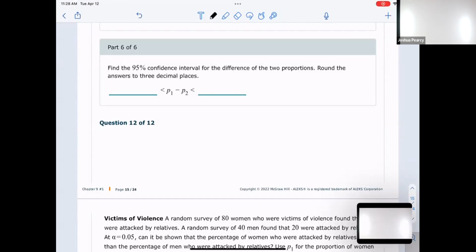Plugging it into the calculator is actually quite nasty. Let's see if I can do it this way too. Test. Sample.